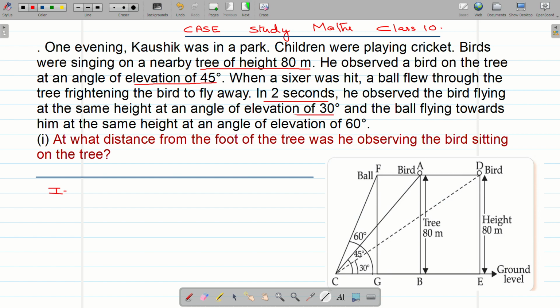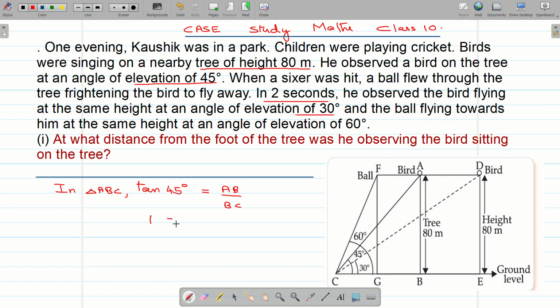In triangle ABC, tan 45 degrees is equal to opposite side upon adjacent side, that is AB upon BC.